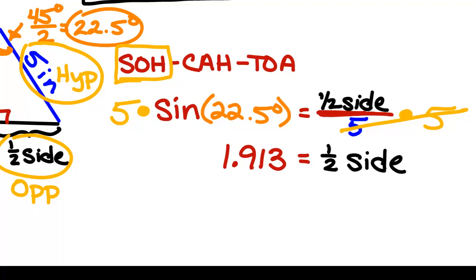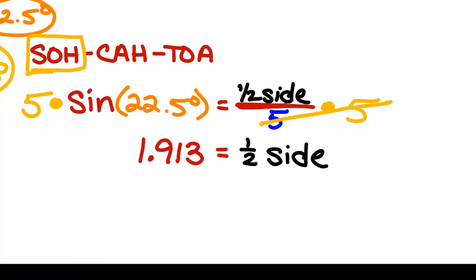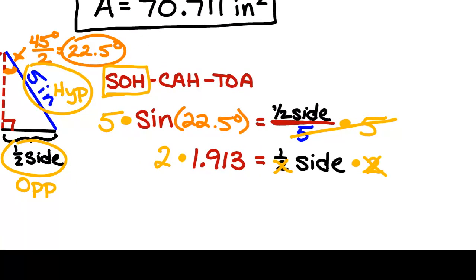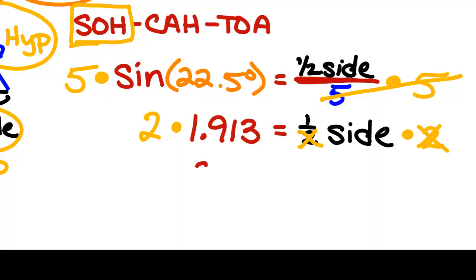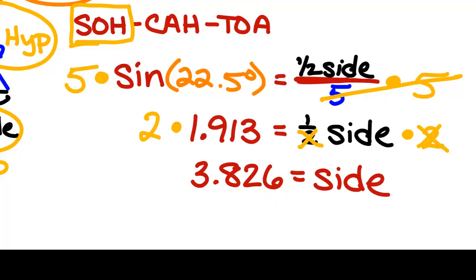What do I need to do if I want the whole side now? Multiply that by 2. That's going to cancel this out. My denominator of 2 cancels out with the other 2. So now I have a whole side. And a whole side is equal to 3.826 for the side.